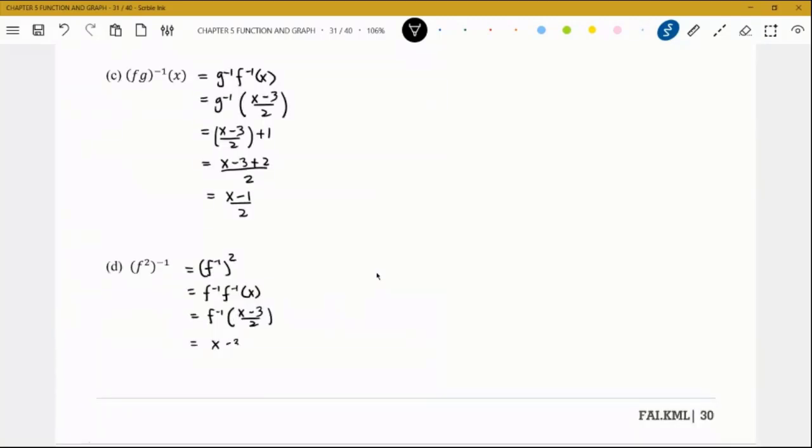So X minus 3 over 2 minus 3, the whole thing divided by 2. So by balance up denominator bahagian atas, X minus 3 minus 6 over 2, the whole thing divided by 2. So X minus 9 over 2 the whole thing divided by 2. So yang ini boleh combine dengan yang bawah. So they end up dengan X minus 9 over 4.